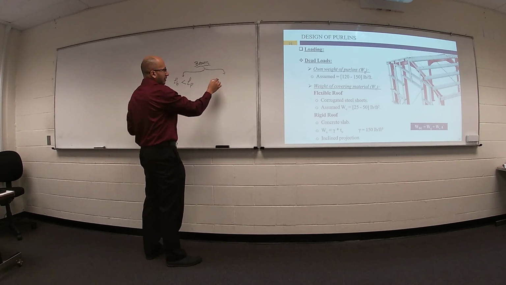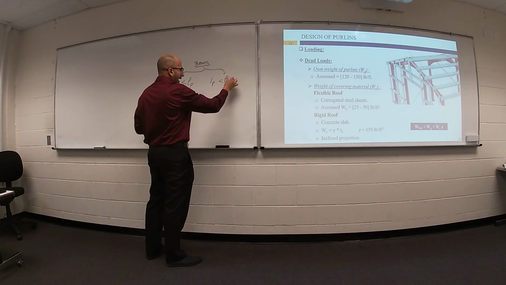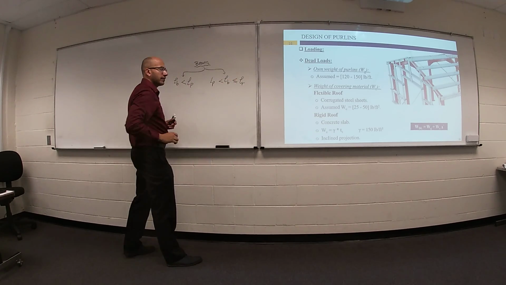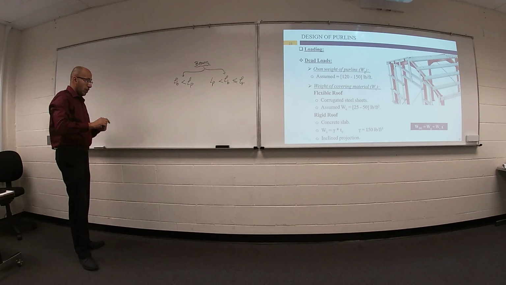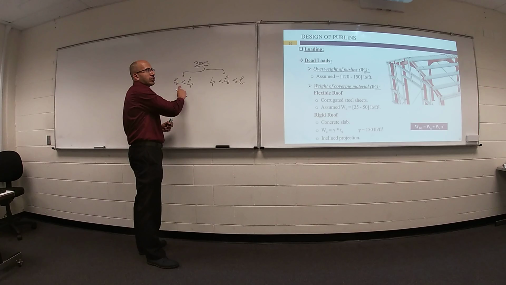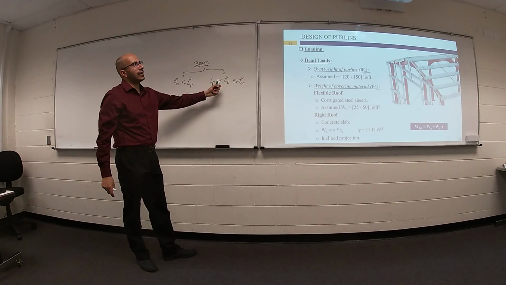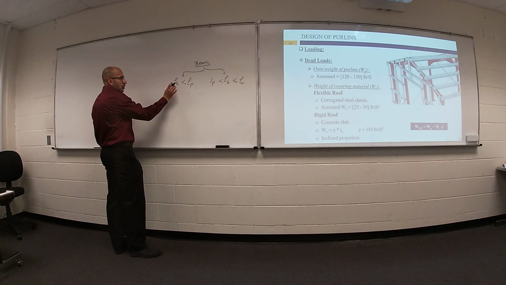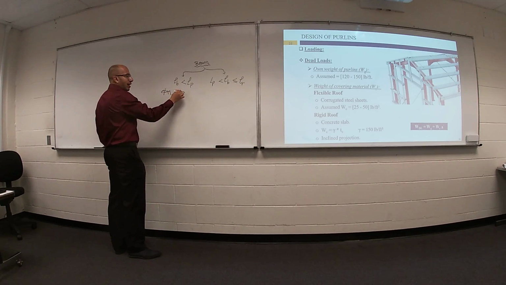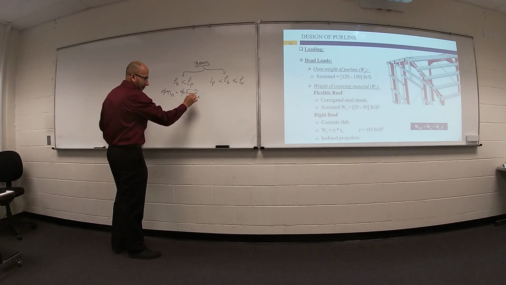Sometimes it's smaller, sometimes in between LP and LR. Most of the case, here we don't have any concern about lateral torsional buckling. Here we have a concern about lateral torsion buckling. So your design bending moment equal phi F yield ZX.